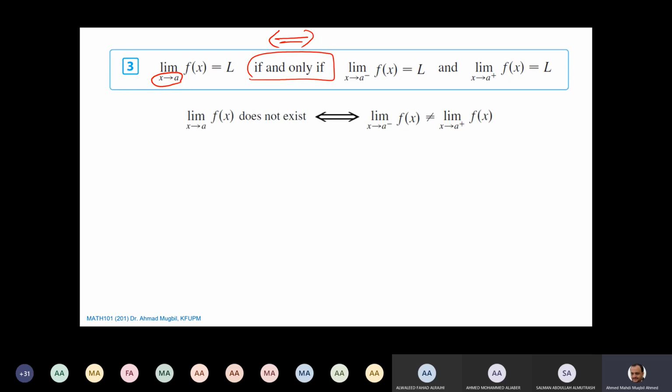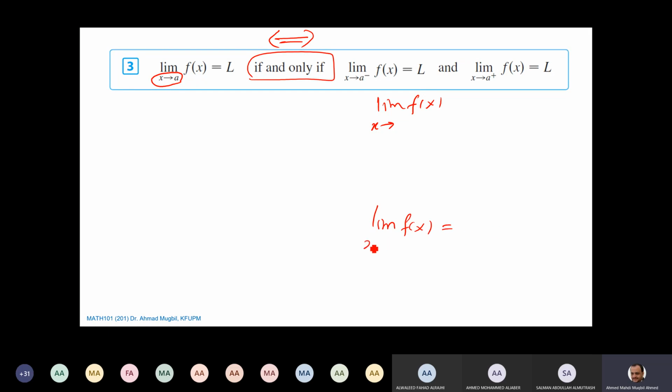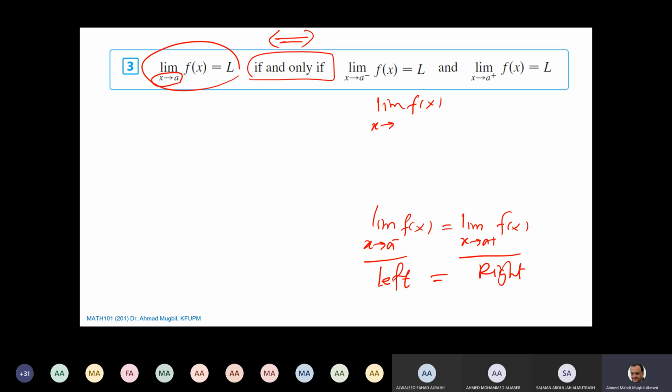So in other words, you can write it like this. When the limit from the right is the same as the limit from the left, this is from the right and this is from the left, when they are equal, then the limit exists, and it will be equal to that value.